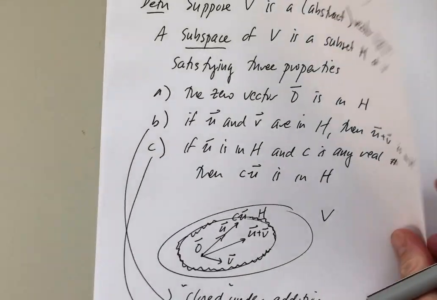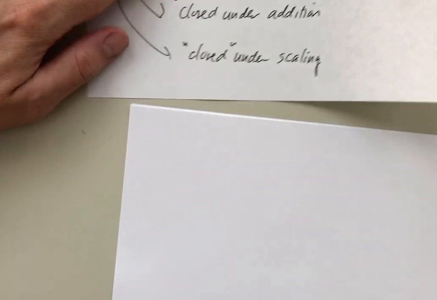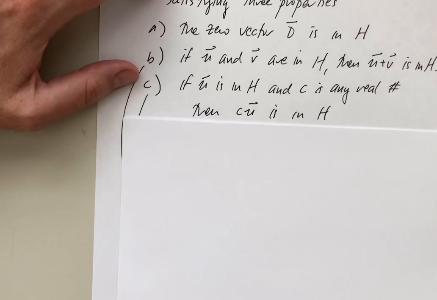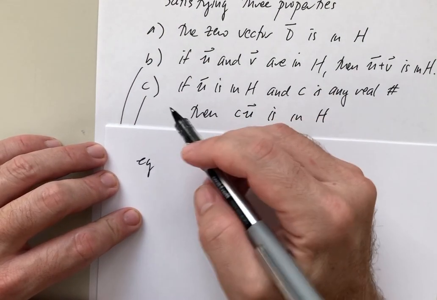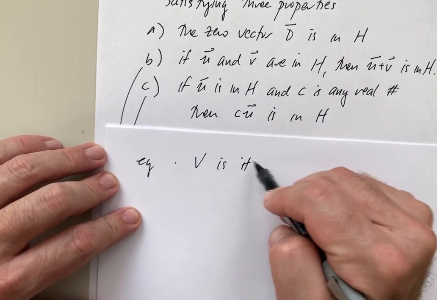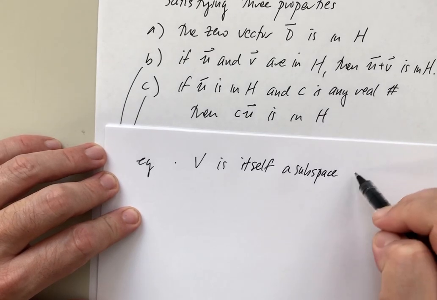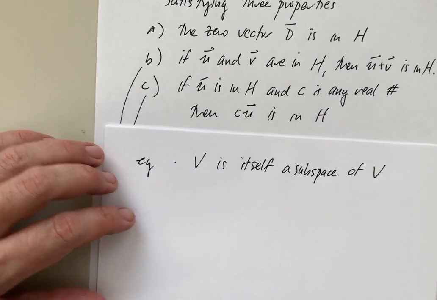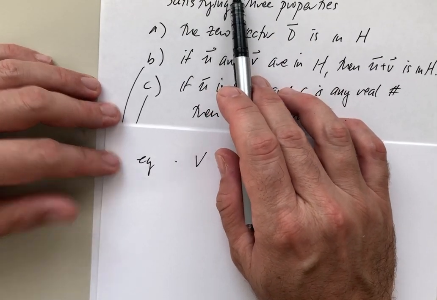Okay, so let's do a couple examples. What's the easiest example? There are 2 easy examples. The first and easiest is that V is itself a subspace of V, right? If I happen to take the whole thing and say it's a subspace, that's allowed.